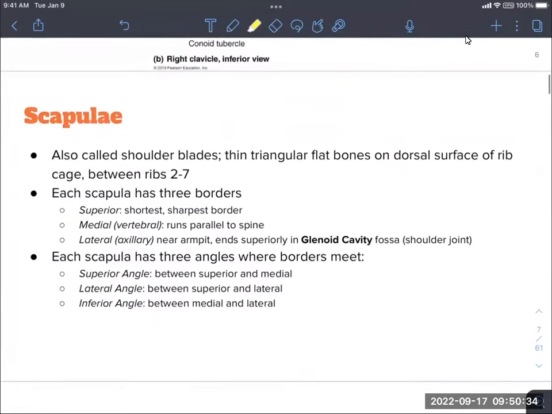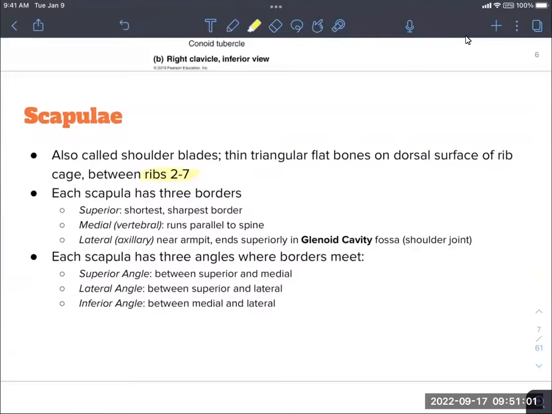So that's scapula. Your scapula sits on your back. You have two, one on the right, one on the left. It's kind of a triangular shaped bone. And each scapula has three borders. It has three angles. And it actually sits between ribs 2 and 7.